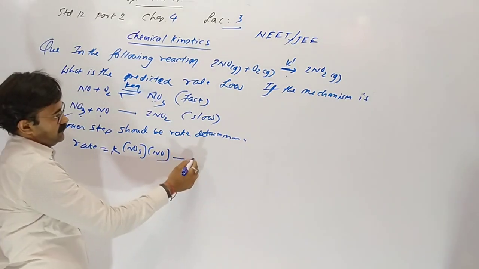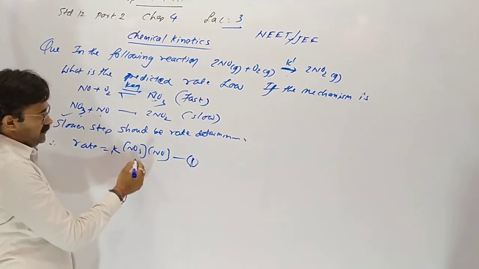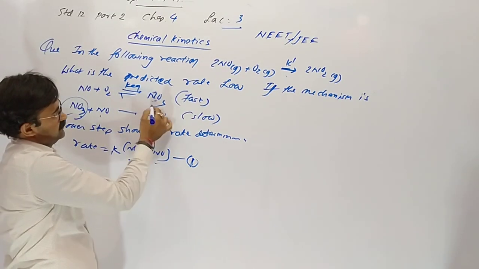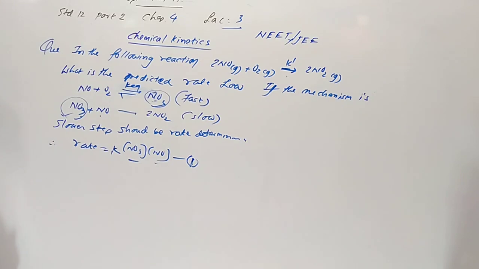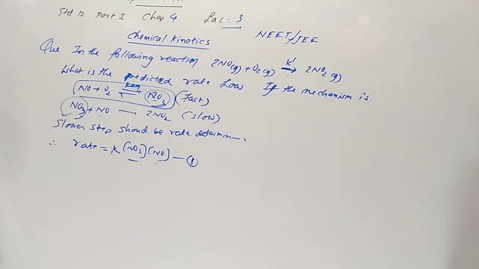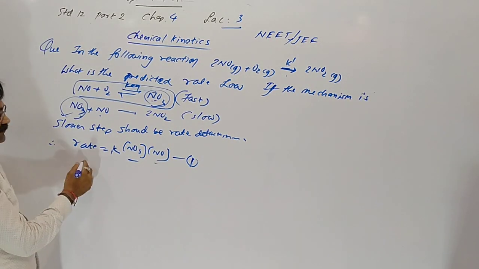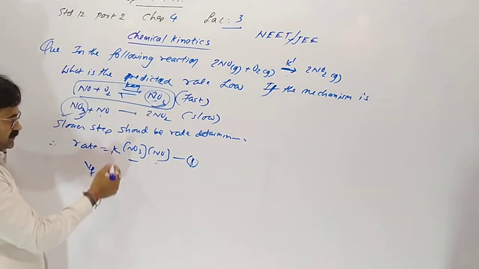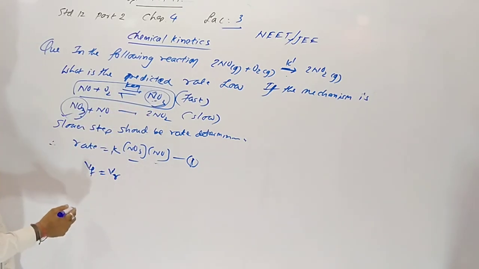Now remember, here NO3 is an intermediate of the first equation. So we have to define it, and it is reversible and in equilibrium. So at equilibrium, the velocity of the forward and reverse reactions are the same.